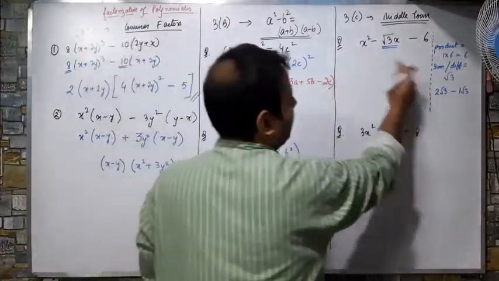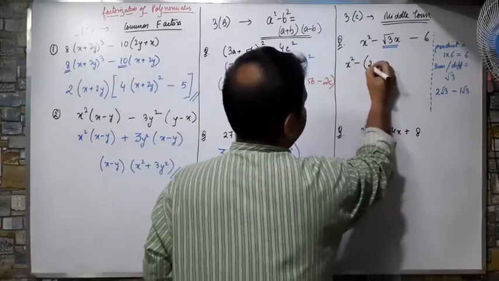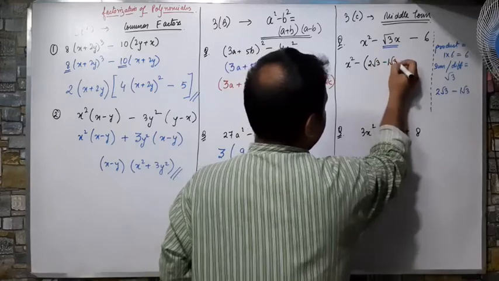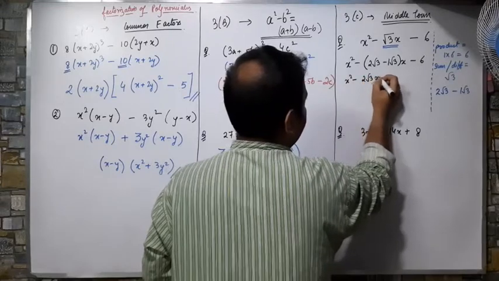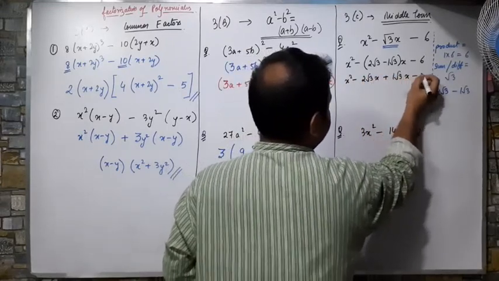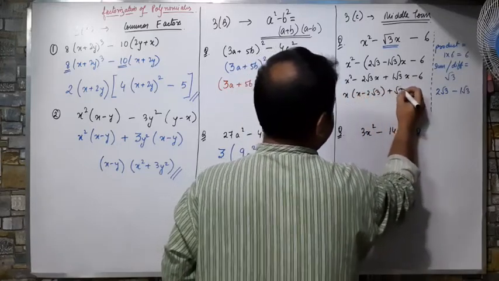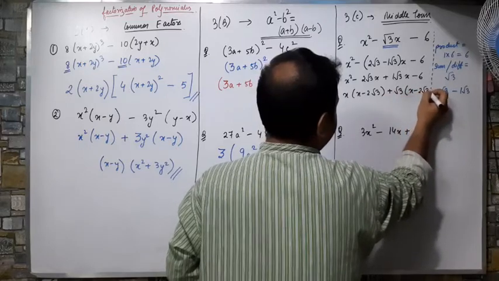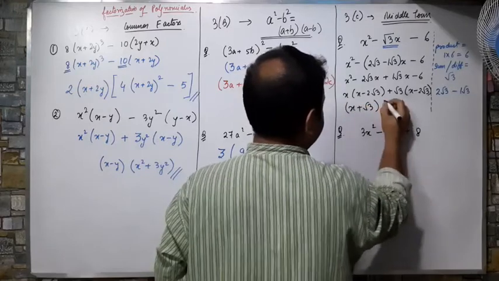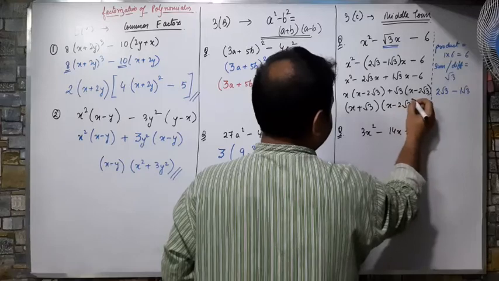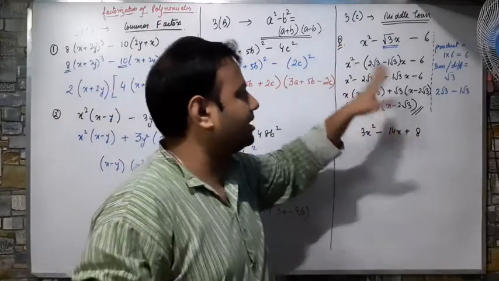So instead of this root 3, I will write 2 root 3 minus 1 root 3. So this is the middle term factorization. This is how my middle term has to be done.